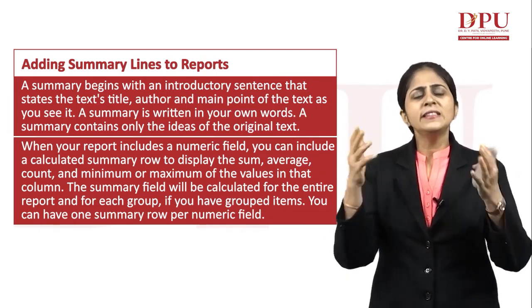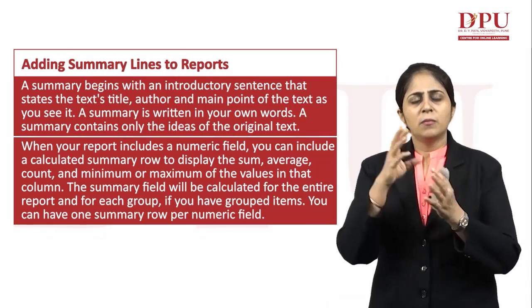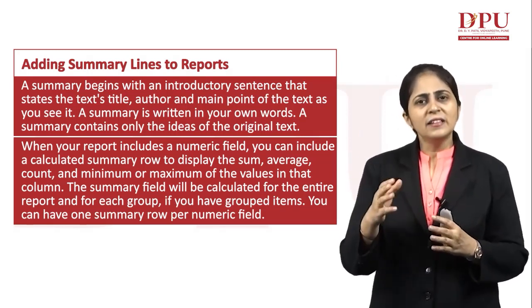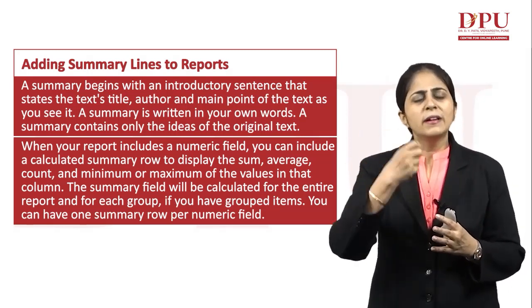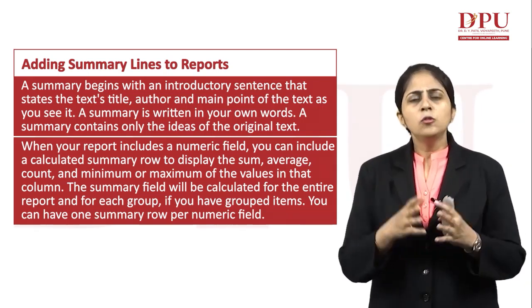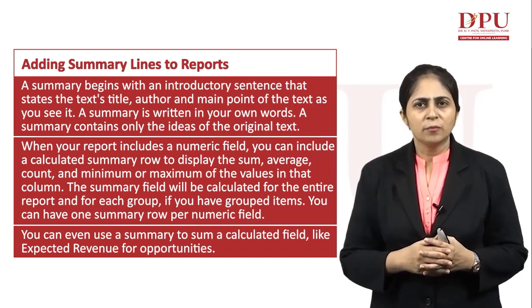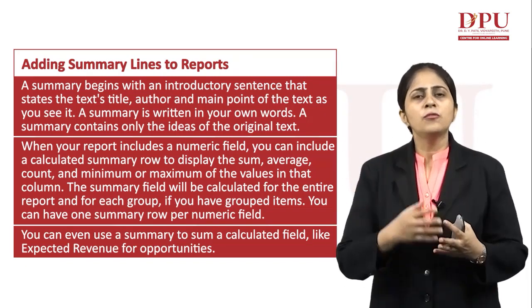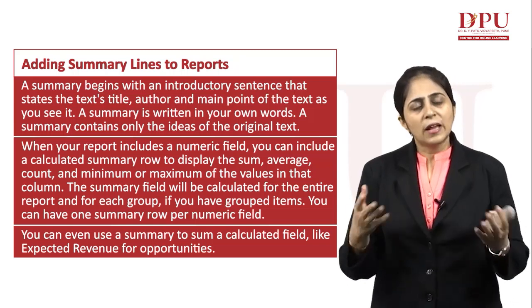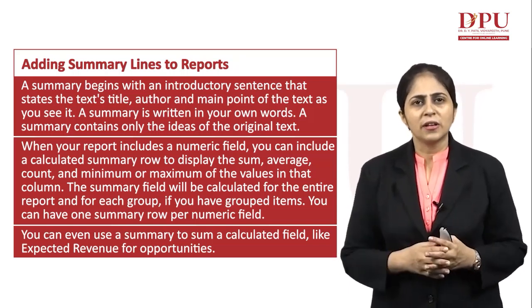All these things can be done using the summary feature and they will help you to retrieve the data quickly. You can even use a summary to sum a calculated field like the expected revenue for certain opportunities. That can also be written down in the summary.